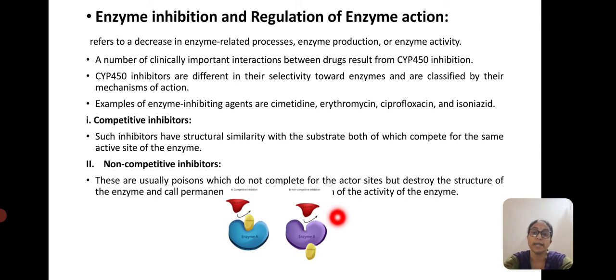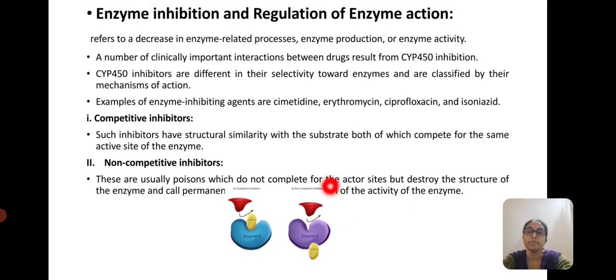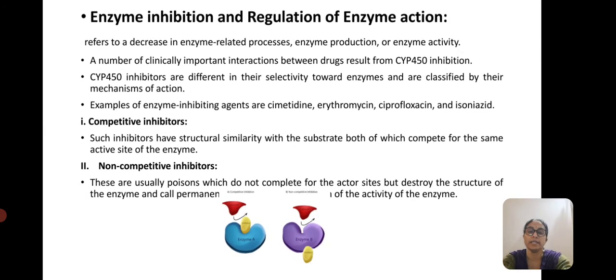It enters the enzyme from some place other than the active site, and it changes the conformation of the active site. Here it is narrowed down, it has reduced the groove that is required for the actual substrate to come and bind. That type of inhibition is called non-competitive inhibition.